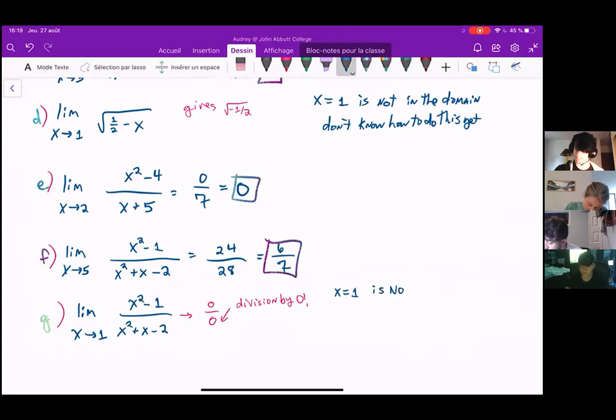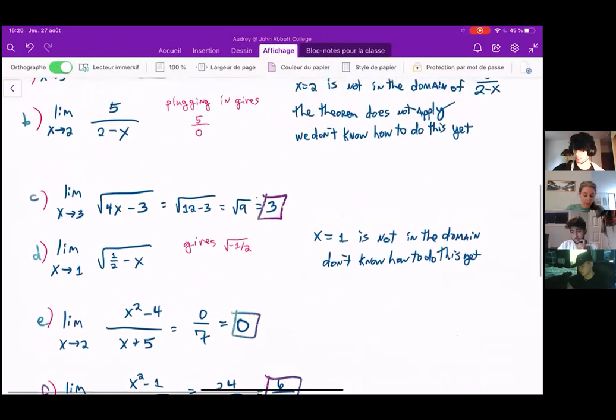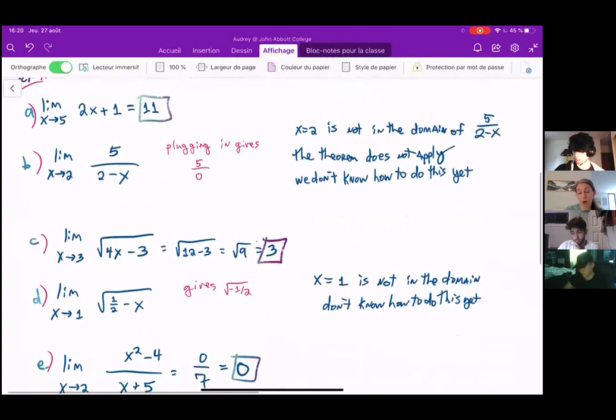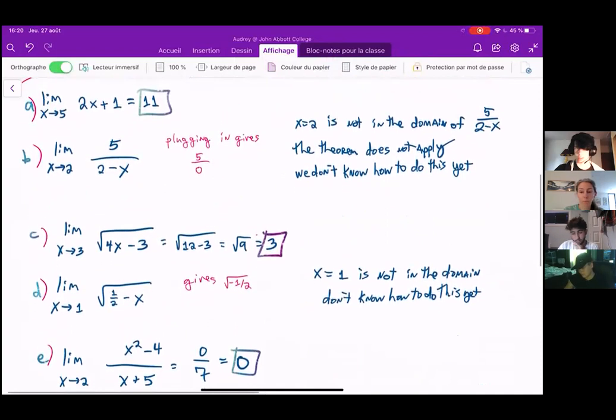What if it's infinity? What do you mean, what if it's infinity? Like, what if plugging in gives infinity? So the only way that plugging in could give infinity is if you have the limit approaching infinity itself, which we're going to deal with later, or it turns out that the function is going to give infinity as well, and we're going to talk about that a lot later.